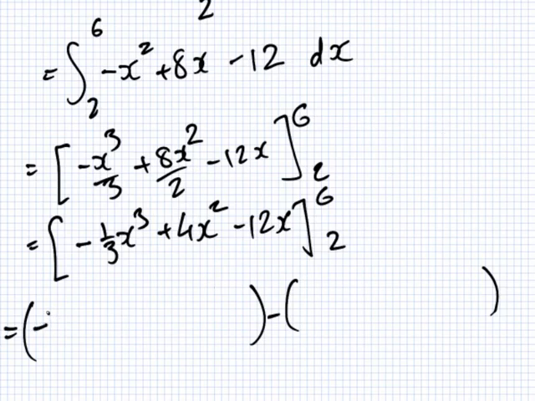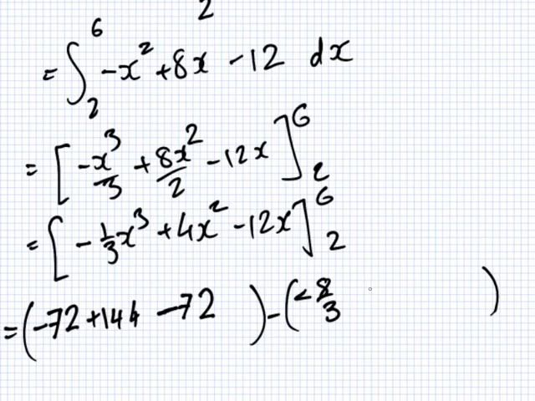It's not bad for being so tired. Minus 72. 6 squared is 36, times 4 is 144. Minus 72. With a minus here, minus 8 over 3 plus 16 minus 24.